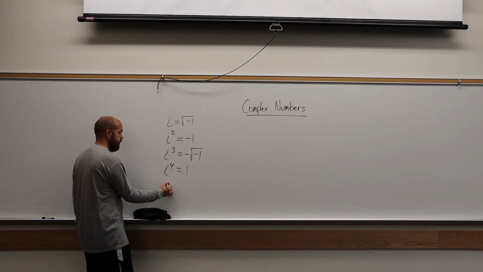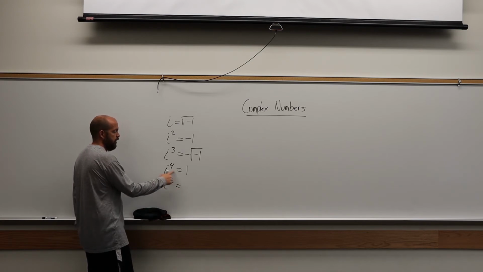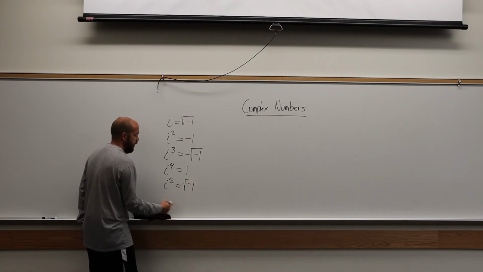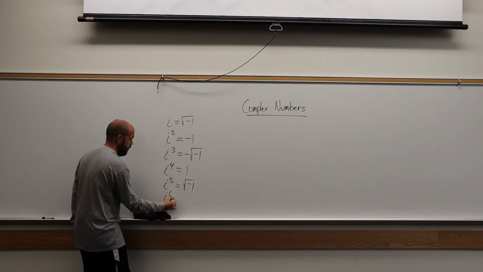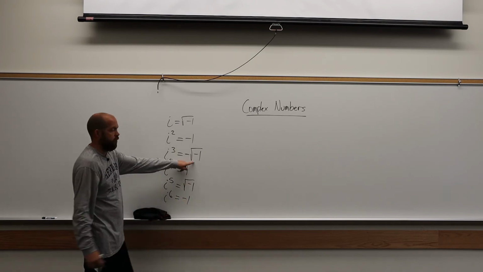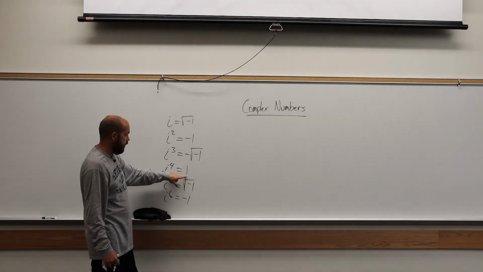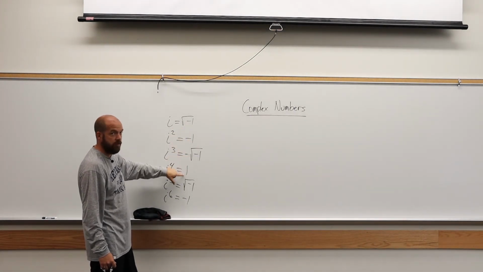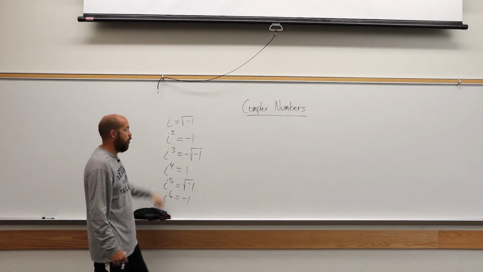And then when I go to i to the fifth, it starts all over again. i to the fifth is really i to the fourth, or 1, times the square root of -1. i to the sixth is -1. i to the seventh, i to the eighth, i to the 9th, 10th, 11th, 12th, 13th, 14th, 15th, 16th. It just is a cycle that keeps going over and over.